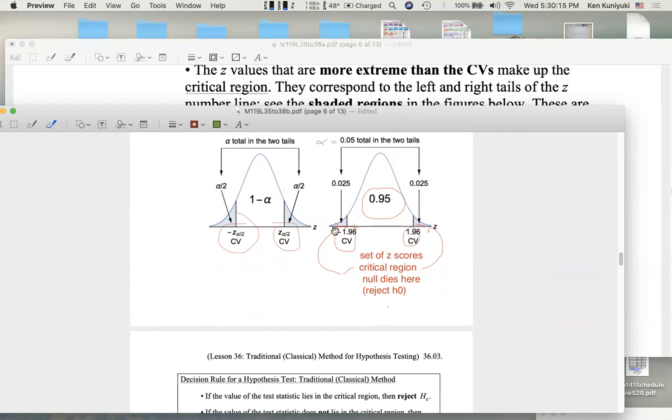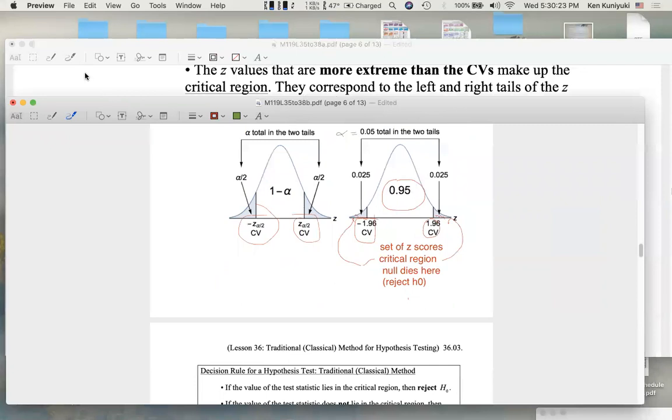Here, if the z-score based on our sample falls in the critical region, this danger zone, this acid bath, the critical region, I might call it a CR, it's like a danger zone or acid bath regarding the null. It's where the null tends to die.